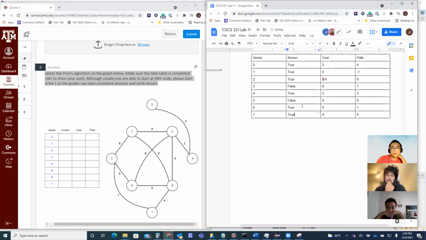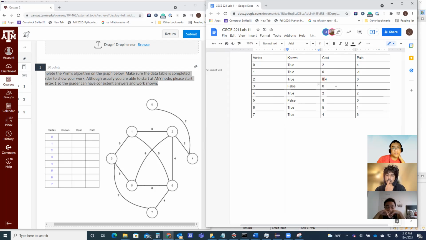And so which one is that? Well, 3 and 5 are the only ones that are still false. Okay, so 3. 3 is connected to 5 by 8. And that's still more expensive, right? No, it's the same cost, but 3 is the lower number, so we update the path to 3, I believe.